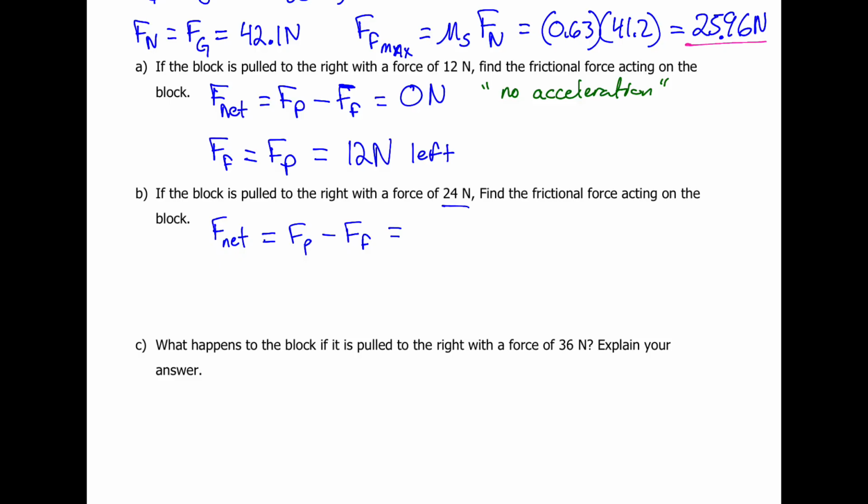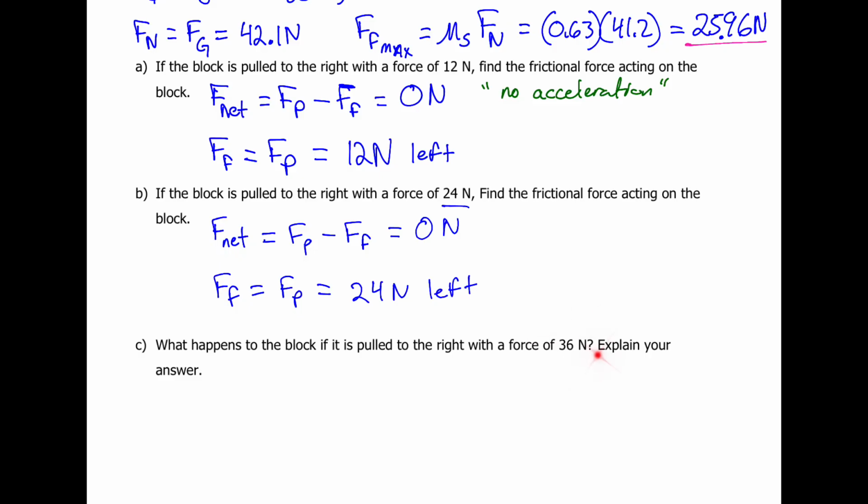So it's still going to be 0 newtons of net force because it's not enough for us to accelerate. So we get to rewrite this equation. It's the same style: the friction force is equal to the force of pull, 24 newtons to the left. We'll just keep increasing until we cross the line of 25.96 newtons.